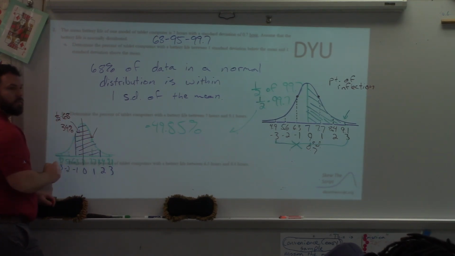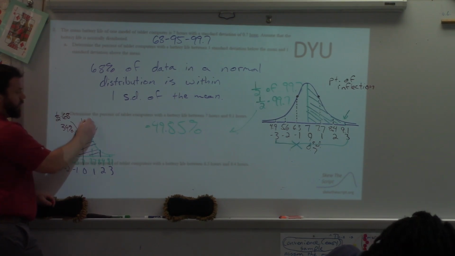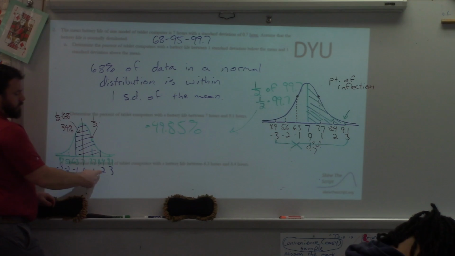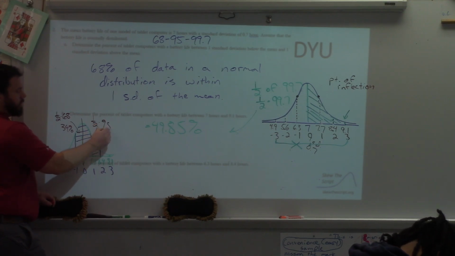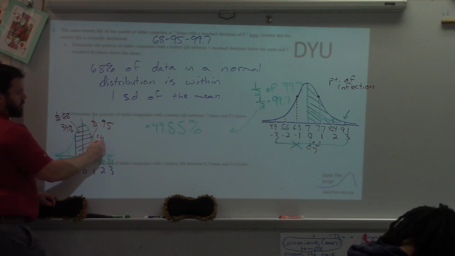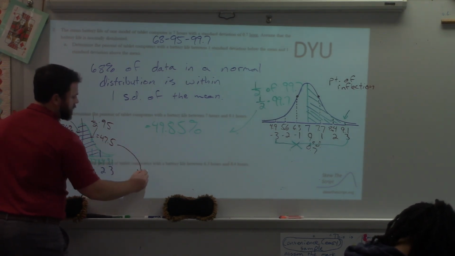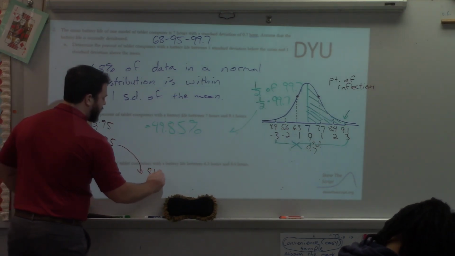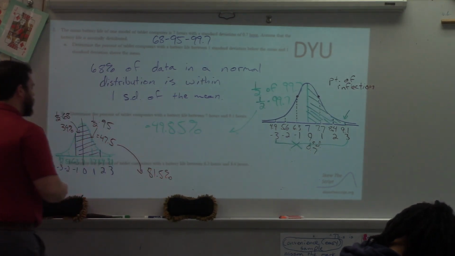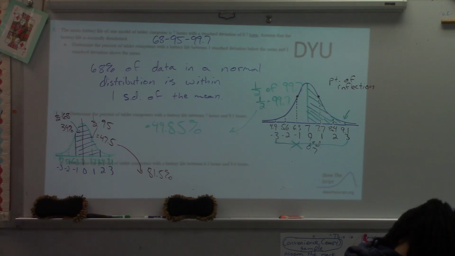What's this right here? Half of what? 95. There it is. I add them together. I get 81.5% of all the tablets have a battery life between 6.3 and 8.4 hours.